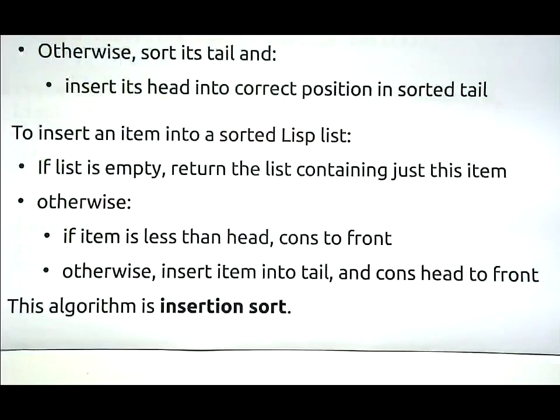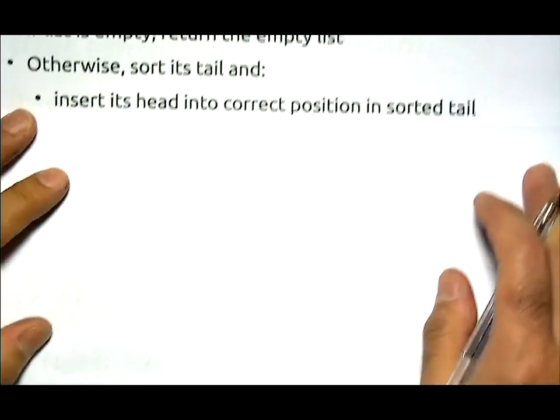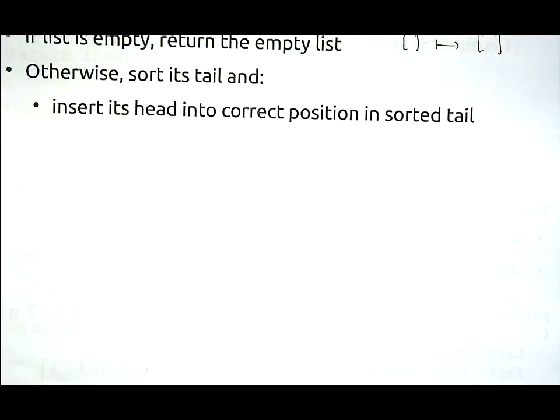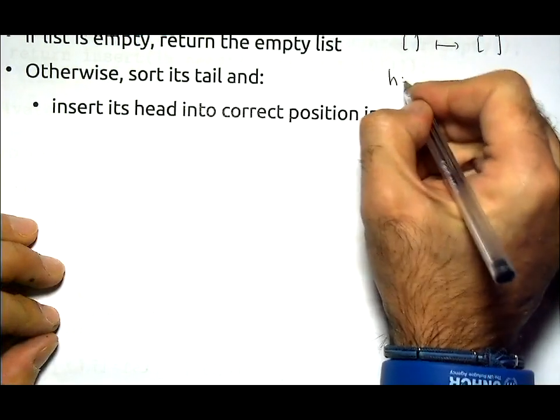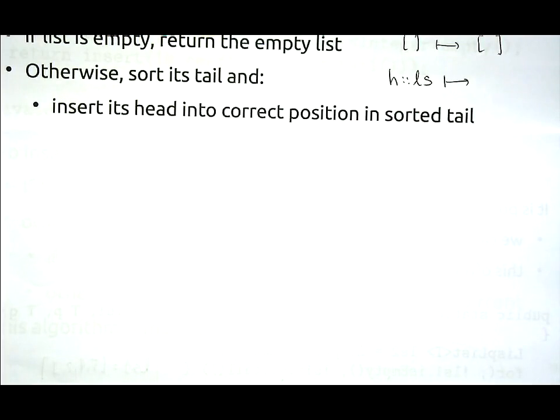And now the next thing I would like to talk about is how to sort lists. We're going to see two different methods here and two different algorithms. There's one more algorithm in the notes. So the first recursive algorithm is the following. How can I sort a list? Well, if the list is empty, it's very easy to sort it because you just return the empty list. If the list is not empty, it's going to be a head followed by a tail.